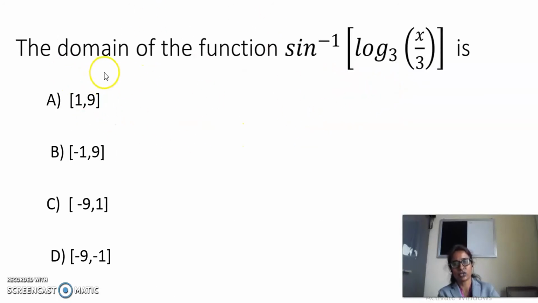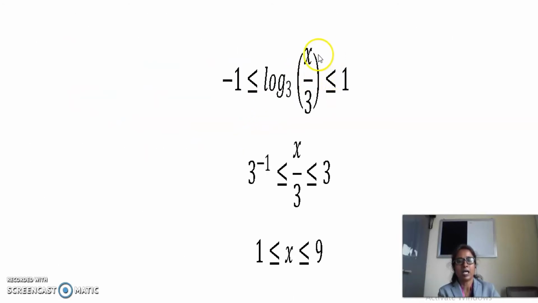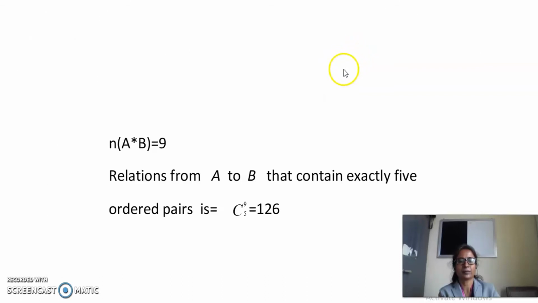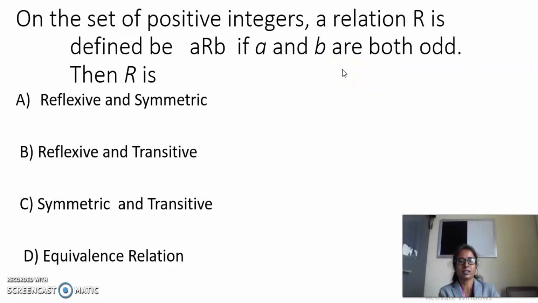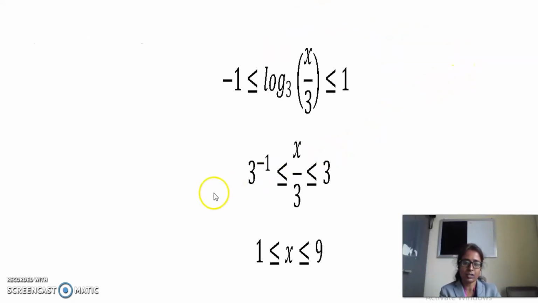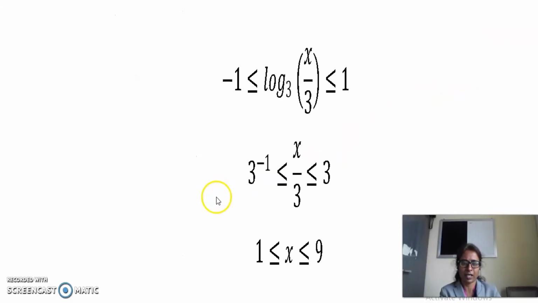Go to the next question. The domain of the function sine inverse of log of x by 3 to the base 3 is. What does it say? We know sine inverse x is defined for all x in the range of -1 to +1.